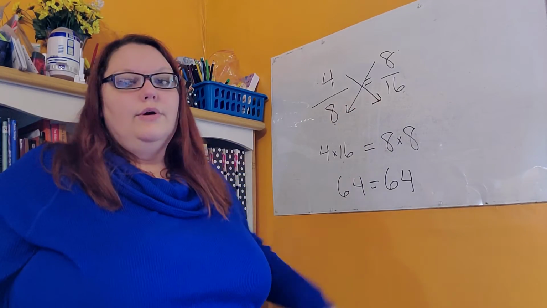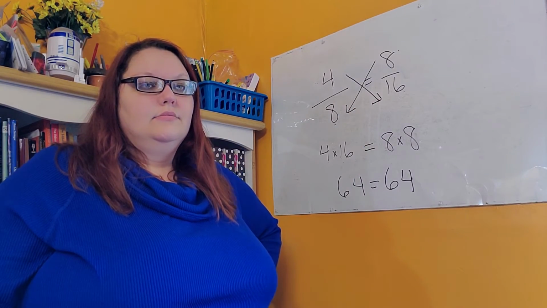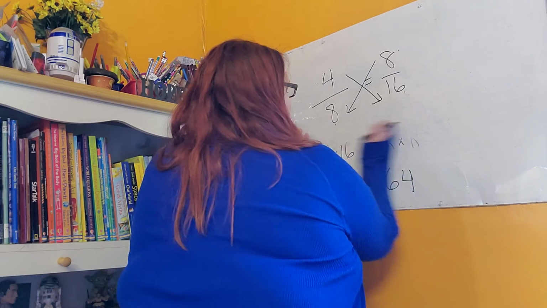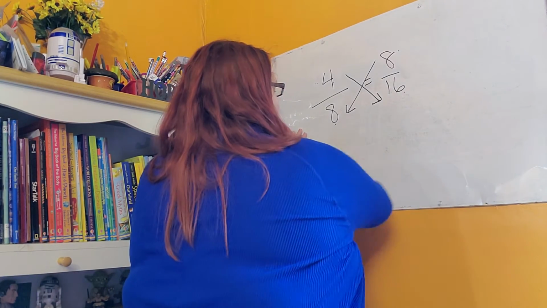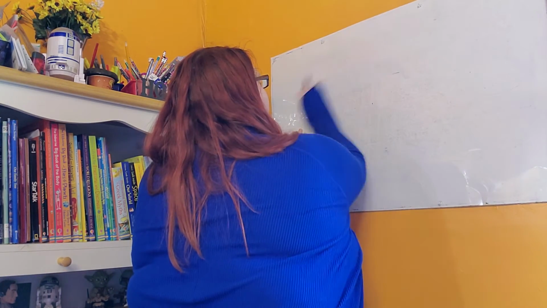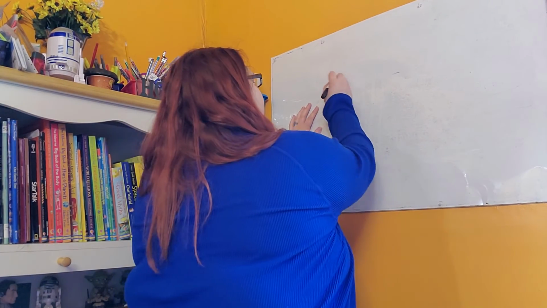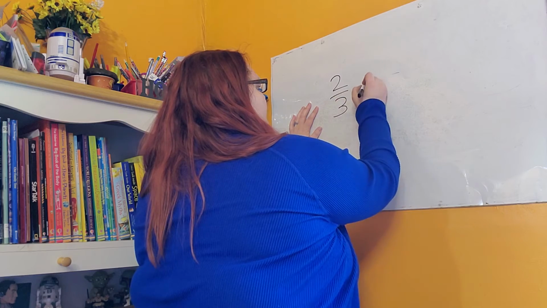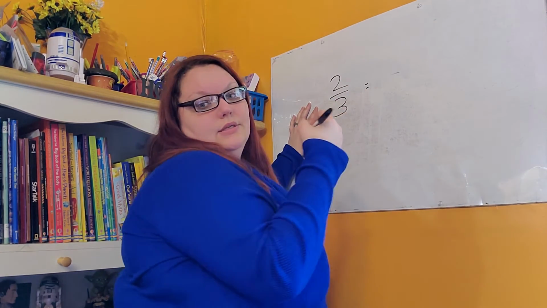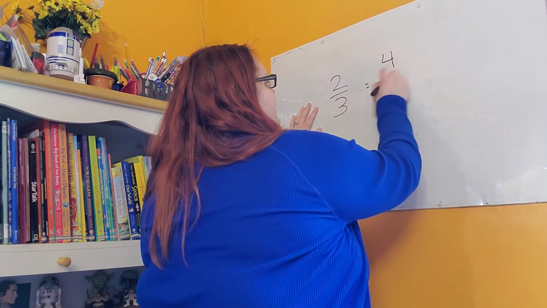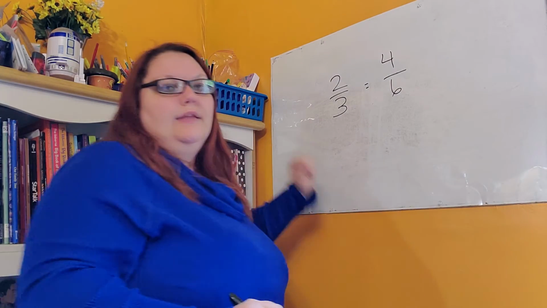So, are these two equivalent fractions? Mm-hmm. And let's take a second to look at the two that we've already done. We had 2/3 equals 4/6. So how are we going to check that?